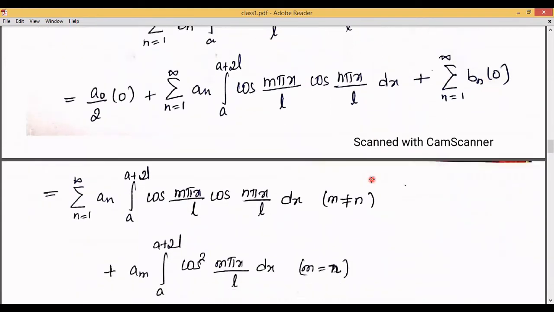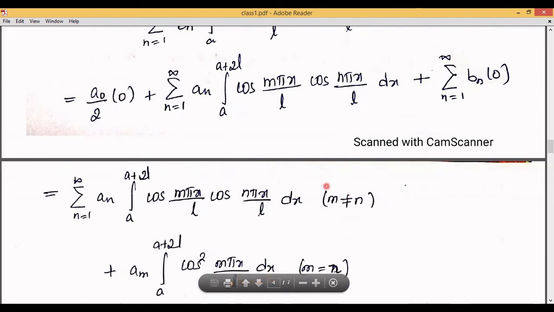Here I have taken this term outside the summation, where n is running from 1 to infinity. At one particular point n becomes equal to m, and that n equal to m I have taken out of the summation and written separately. The remaining things I have left here only. I have written this in brackets: where m is not equal to n, this term; where m becomes equal to n, that becomes the integral of cos²(mπx/L) dx.